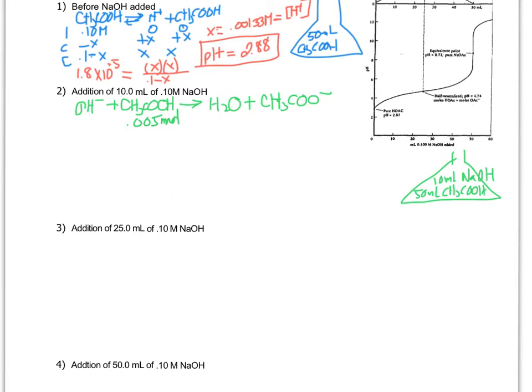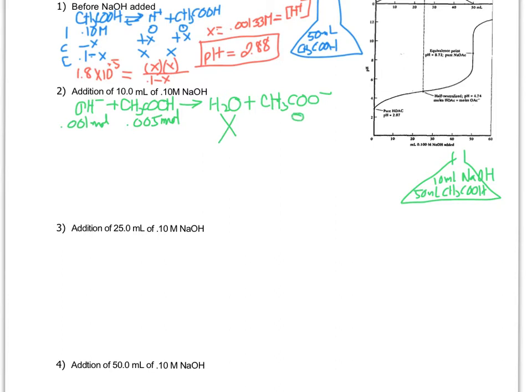Don't care about my water, really. I do care about my hydroxide there. I have 10 milliliters of 0.1 molar, so that ends up being 0.001 moles. Like I said, I don't care about my water, but my acetate starts out at 0.